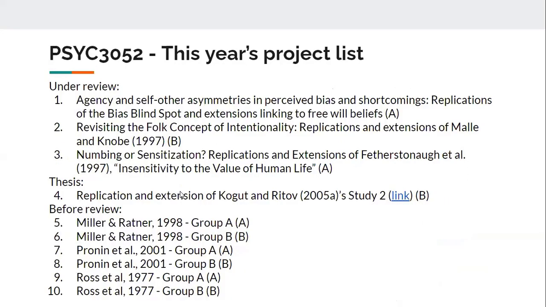And here is the project list for PSYC3052. Some of these are under review by a journal, by several journals. Some of these are related to judgment and decision making, some are social psychology or moral psychology.